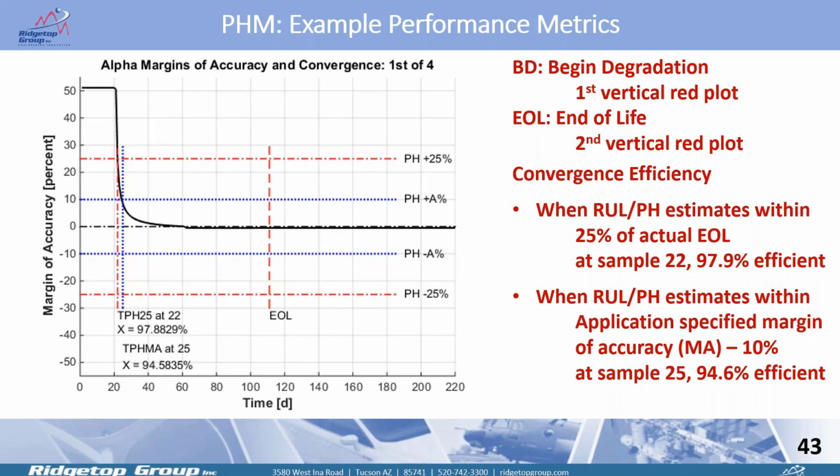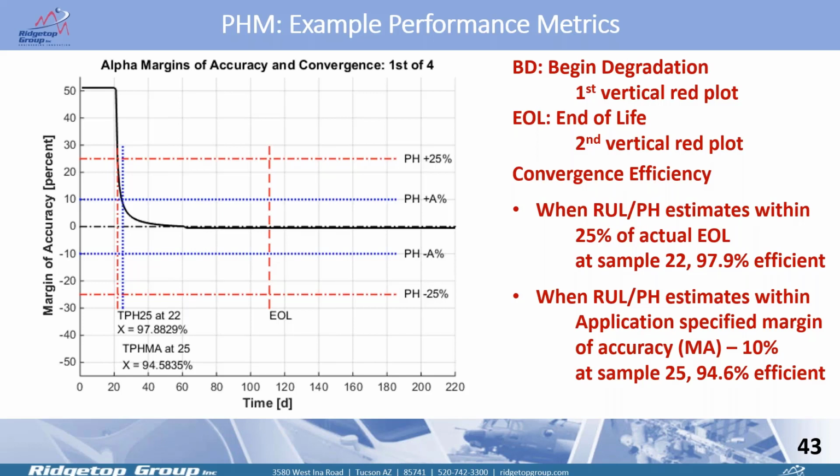In all of these examples, I started degradation at 20. On the 20th sample when degradation began, two samples later we had converged from a 50% error down to 25%. Then at 5 samples from the time that degradation began, we were within 5%.